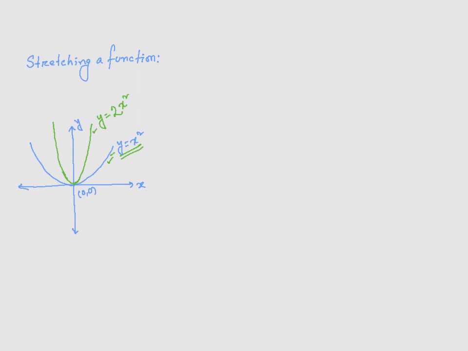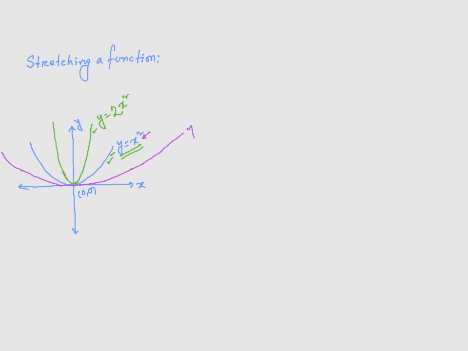Now let me give you another example while I'm on this topic. What if I were to multiply this function y is equal to x squared by a half? The effect is that it is going to make the original function go up half as fast.